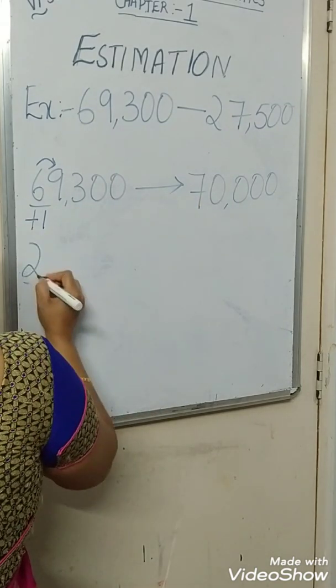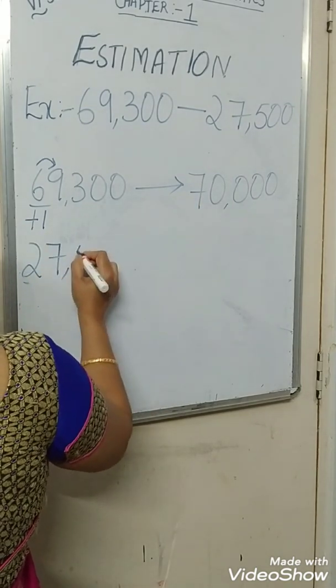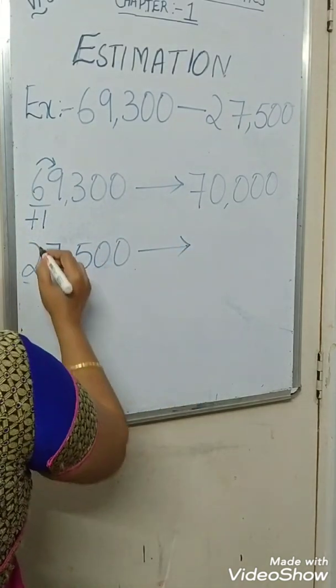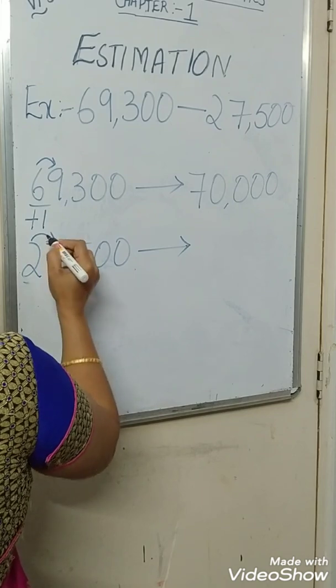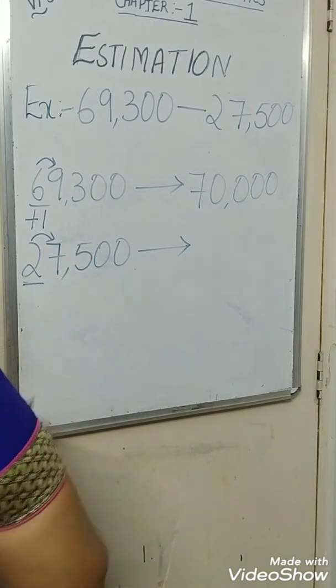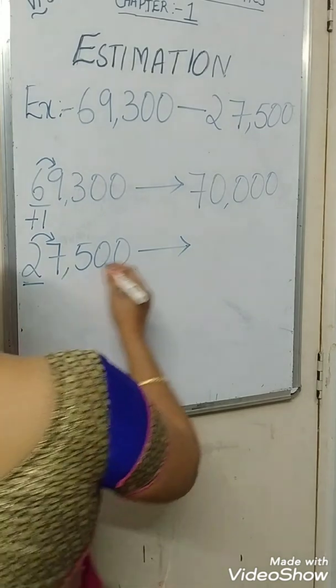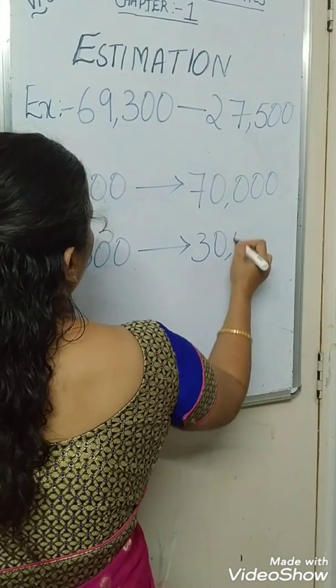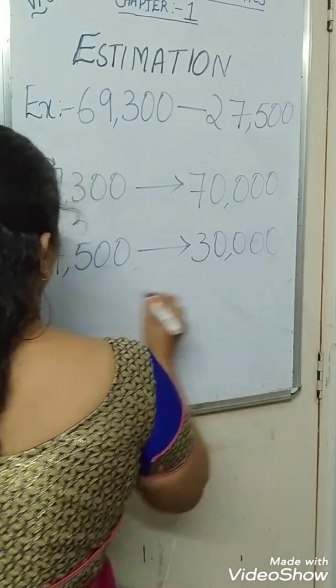Now, let us see the next number, 27,500. Here also, we look at the number in the thousands place. That number is 7, which is more than 5. So, we round off or estimate this number to 30,000.